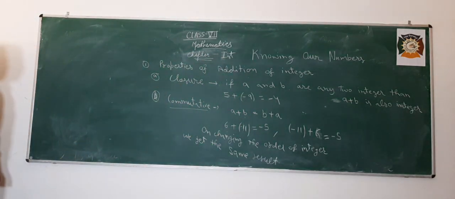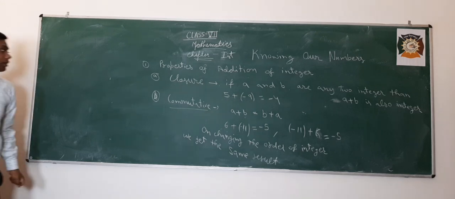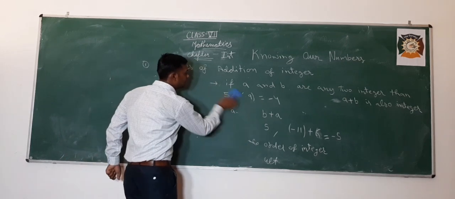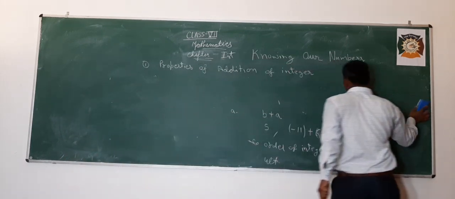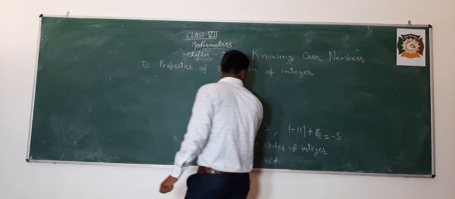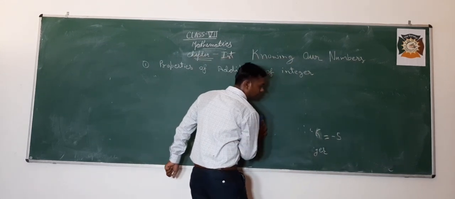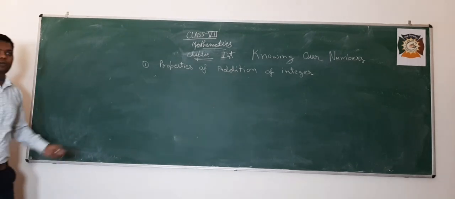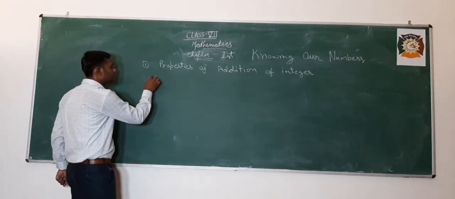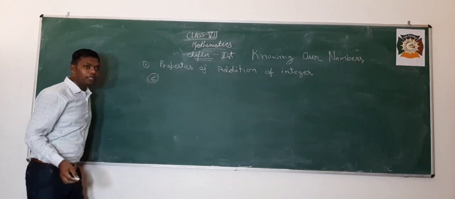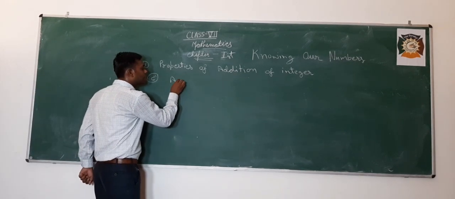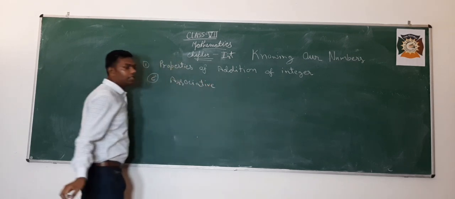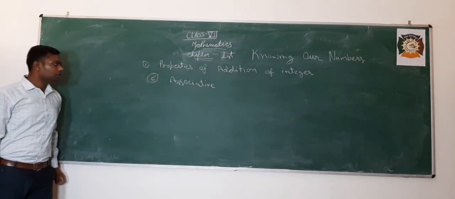Next property of addition of integers is associative. Associative property of addition of integers. Third, we can write it as c. Associative. In this property, we have to choose three integers.